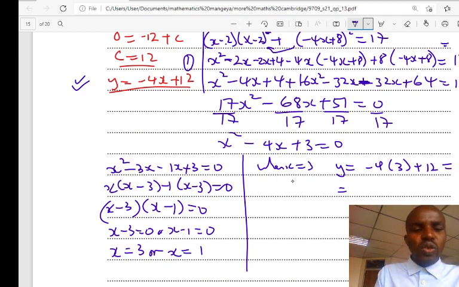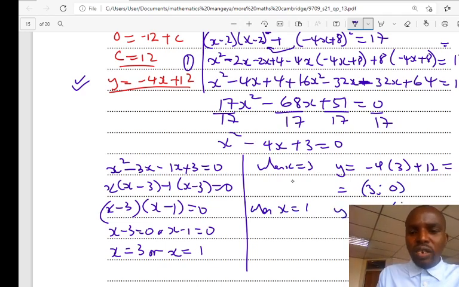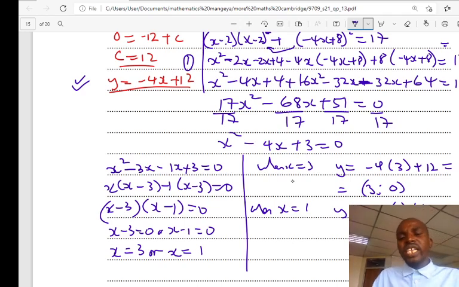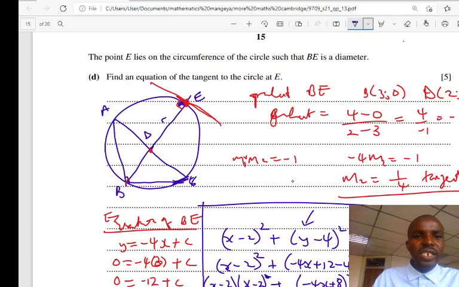So when x is equal to 3, y is equal to 0. So the point has coordinates (3, 0). Then when x is equal to 1, y will be equal to minus 4 times 1 plus 12, which is equal to 8. So another point is (1, 8). So these are the possible coordinates of the points of E in this case.